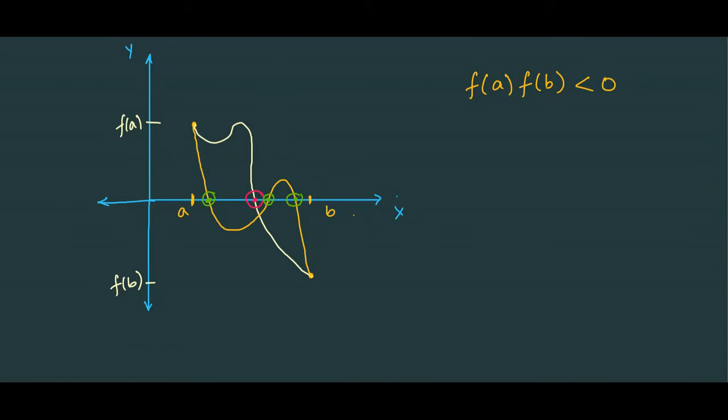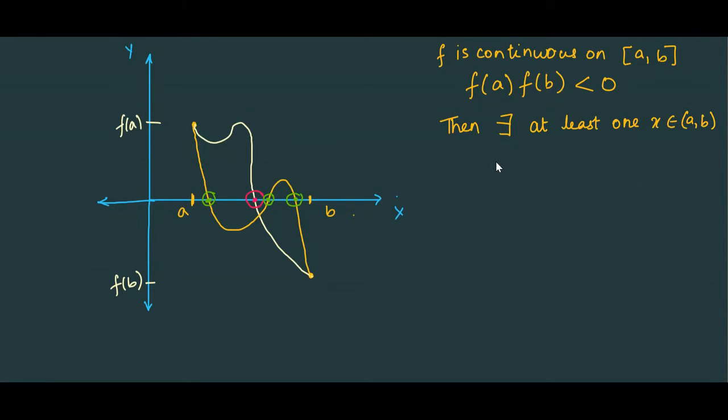So the thing is, f is continuous on the closed interval [a, b], and f of a and f of b are of opposite signs. Then there exists at least one x belonging to (a, b) such that f of x is equal to 0.